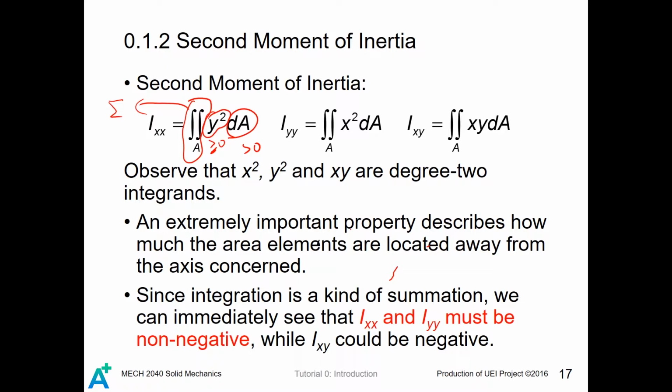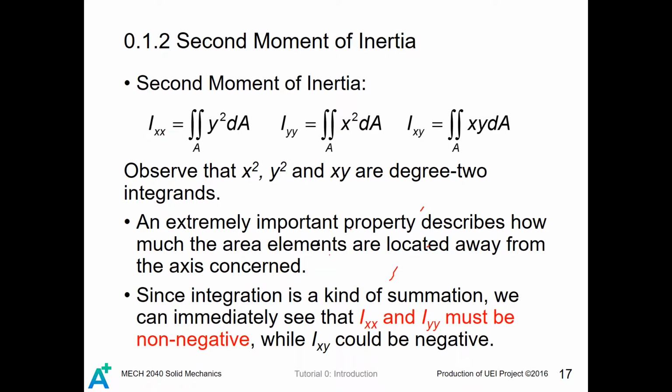Then we can know that it is the summation of something which is non-negative. So we know that this is non-negative. Then the summation of non-negative stuff will also be non-negative. So this is the moment of inertia about the x-axis.